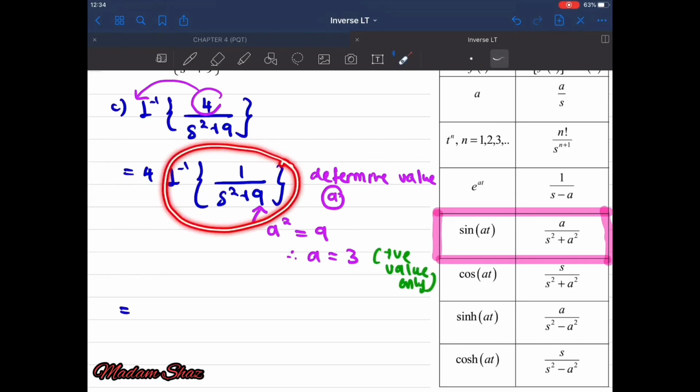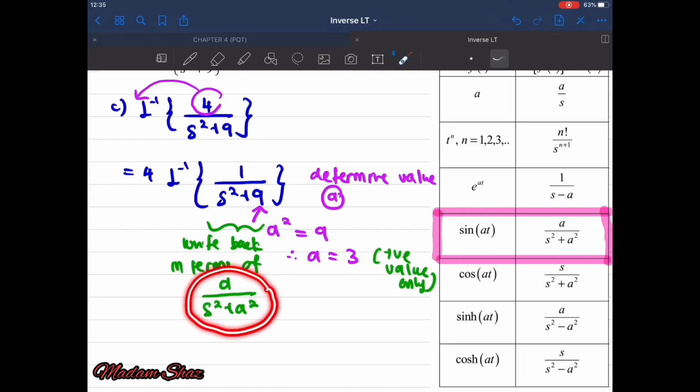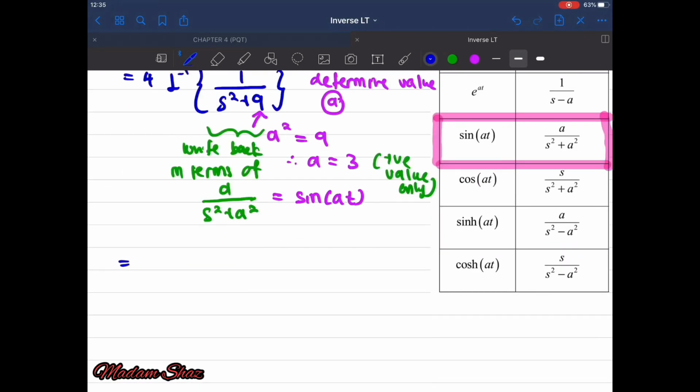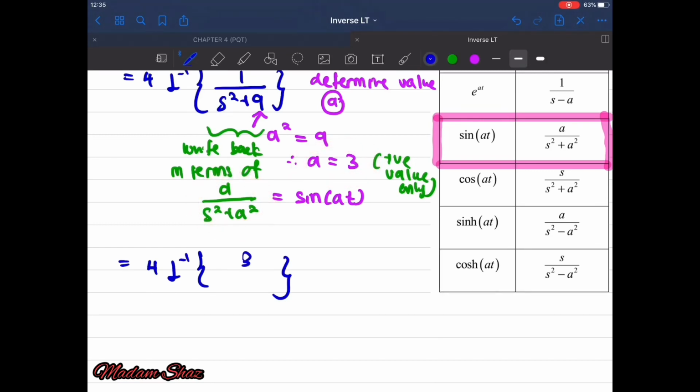So the Laplace inverse of 1 over s squared plus 3 squared, you have to write back in terms of a over s squared plus a squared, because this will give the result of sine of at. Therefore, for a over s squared plus a squared, our a is equal to 3, so 3 over s squared plus 3 squared.